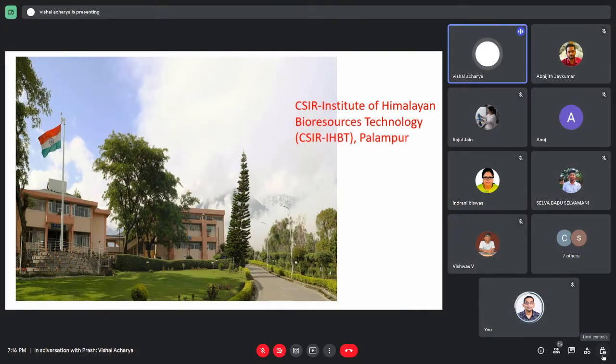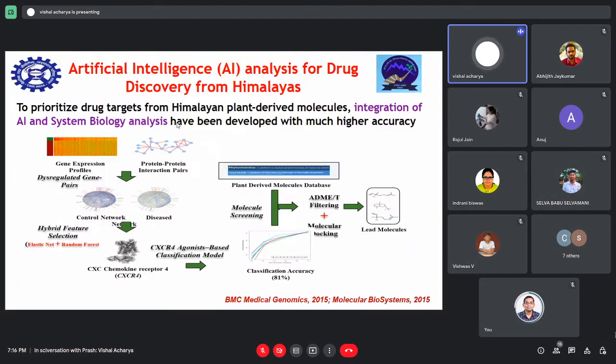Here we were working on artificial intelligence analysis for drug discovery from the Himalaya. We attempted to discover drug targets, meaning drugs for a key target.